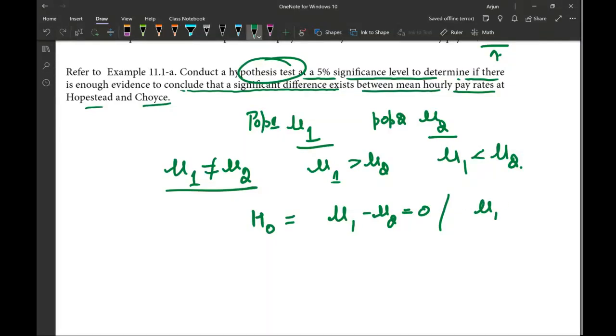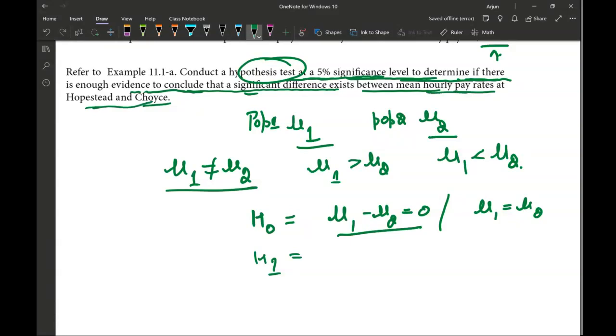You can write it as mean one equal to mean two, or as mean one minus mean two equal to zero, and the alternate hypothesis will depend upon what the question is saying. So it says we have to conduct a hypothesis test at 5% level of significance to figure out if there is enough evidence to conclude a significant difference between the mean hourly pay rate at Hofstede and Choice.